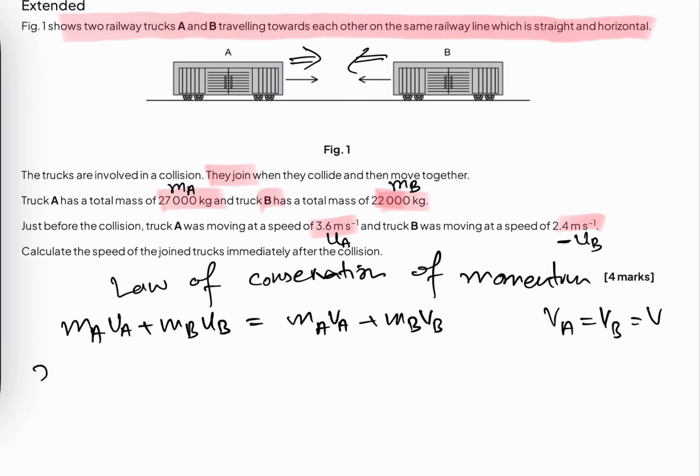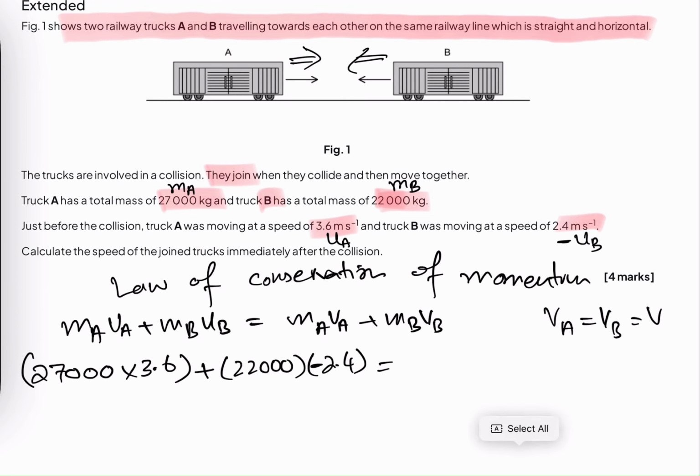Okay, so substituting the values, for MA it is 2700 multiplied by 3.6 plus 22000 multiplied by minus 2.4 is equal to, VA and VB are the same, so we can simply write V, and V can be taken as common.